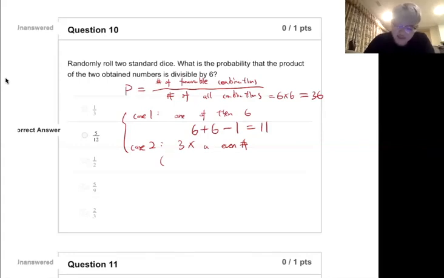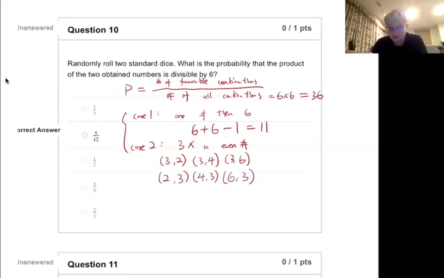Set the first dice to 3. The second dice could be 2, it could be 4, or it could be 6, right? Same if we set the second dice to 3. And here is the total combination for case 2.